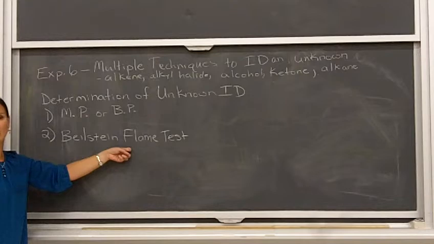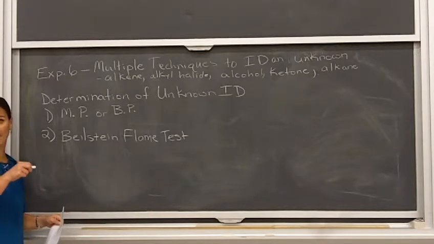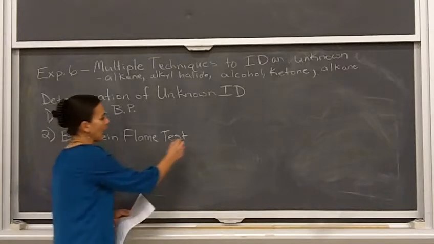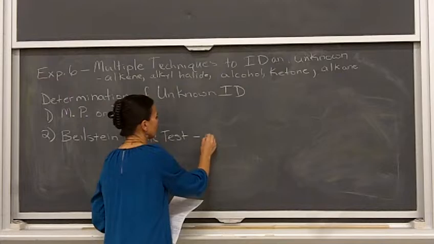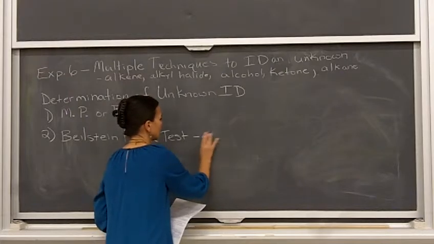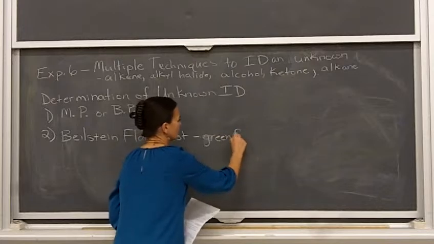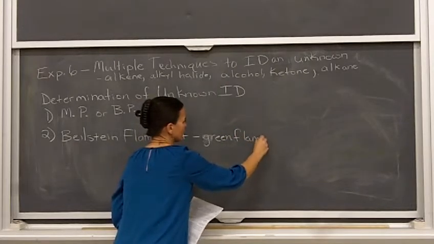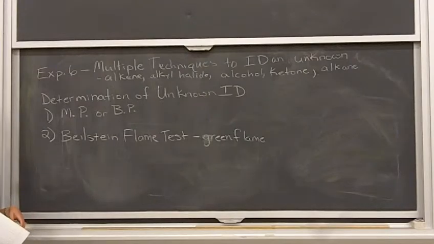This time you're using copper wire, and you're going to put a little bit of your unknown on the copper wire, and then if you have an alkyl halide or you have any halogen, then you will get a green flame as a result. So that is what you're looking for, okay, is the green flame will tell you that you have a halogen.